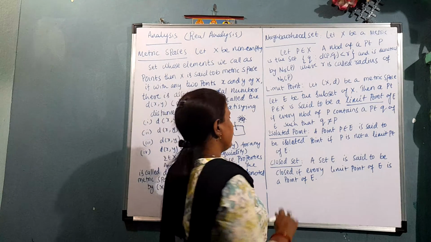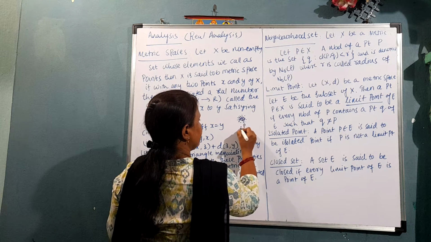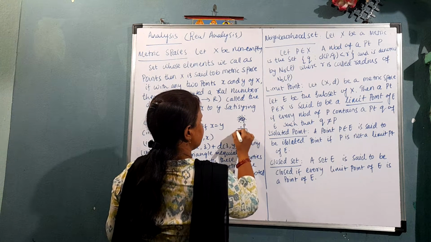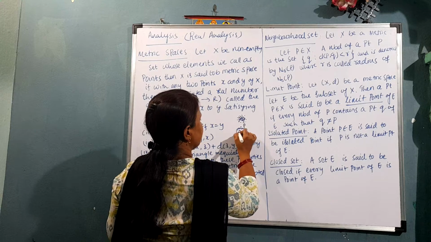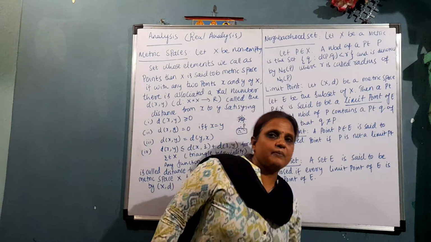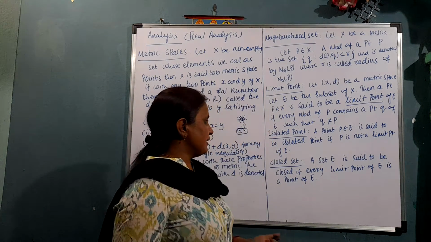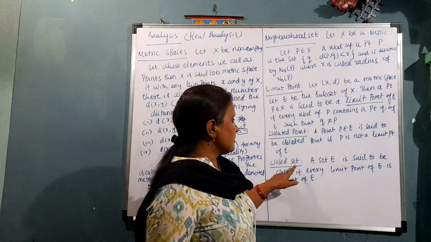Here limit point is nothing but a point P whose neighborhood points are present in the set E. Isolated point means if a point is not a limit point, then it is called an isolated point. Then next comes closed set.